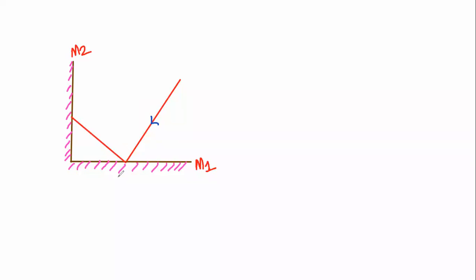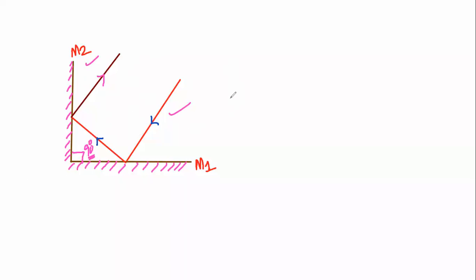This is the incident ray on the first mirror. This is the reflected ray from the first mirror, and again this is the reflected ray from the second. If the angle between the two mirrors is 90 degrees, the incident ray and the reflected ray will be anti-parallel to one another.